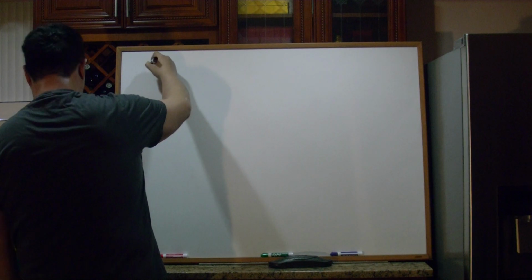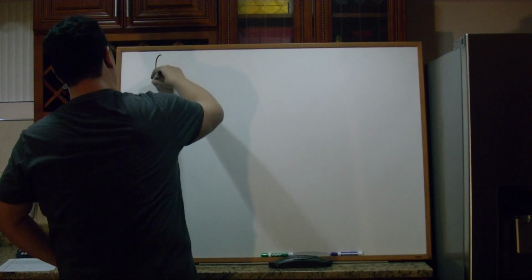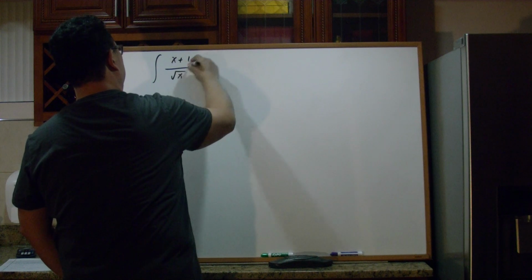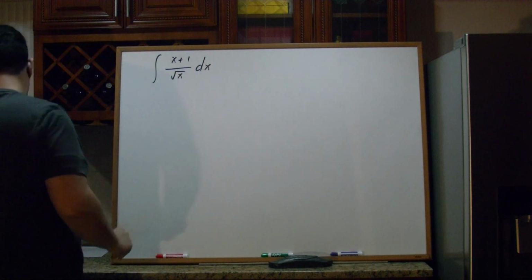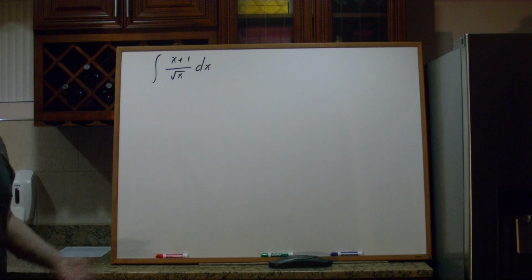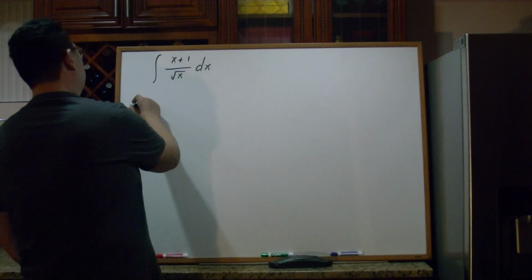And the next question, we have x plus 1 over radical x. The only thing we have here is the power rule, so we don't have anything else.